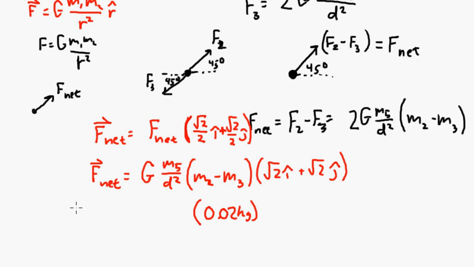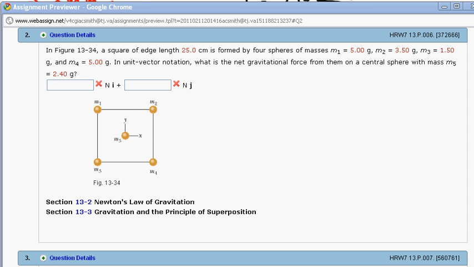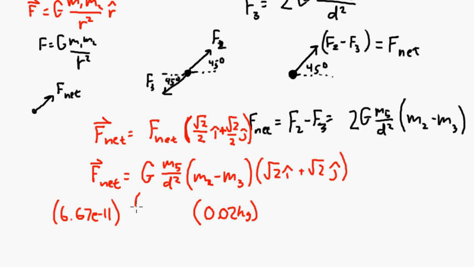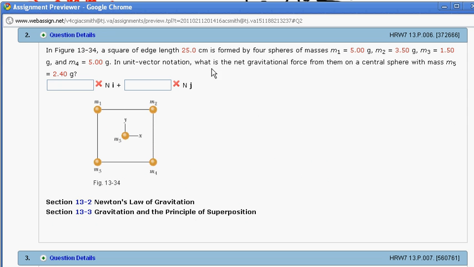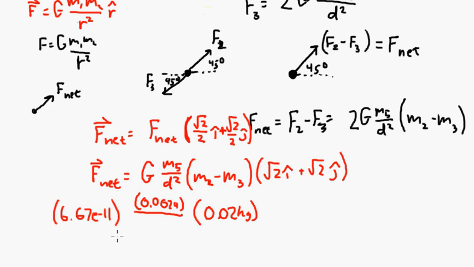This is of course going to be good old G, 6.67e-11. m5, I believe we knew, was 2.4 grams, so 0.0024 kilograms. And d is 25 centimeters, so it's 0.25 meters squared.